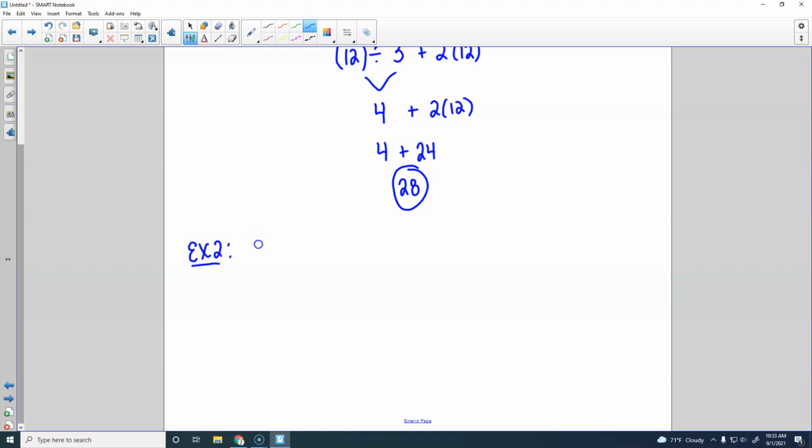This time we're going to evaluate 6a minus 3 times 2 minus b, and we're going to use a equals 1 and b equals -3.